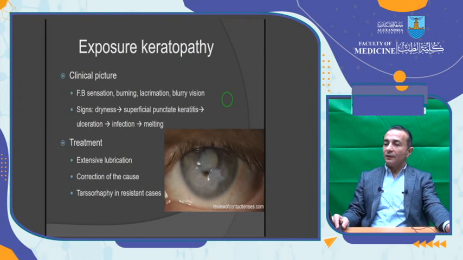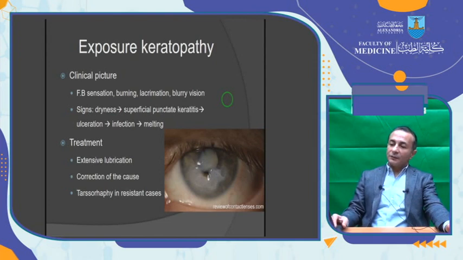Examination will reveal dryness. You may find in early cases superficial punctate keratitis, which may progress to an epithelial defect or an ulcer. Secondary infection may occur and may lead to corneal melting and perforation in this area.